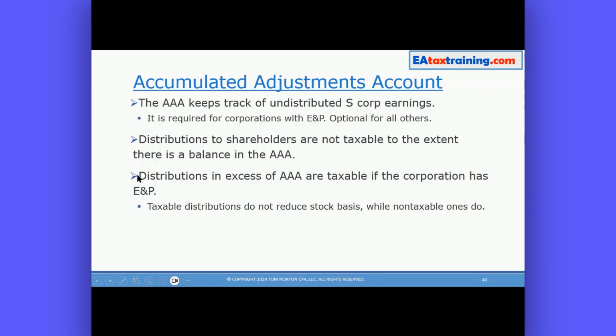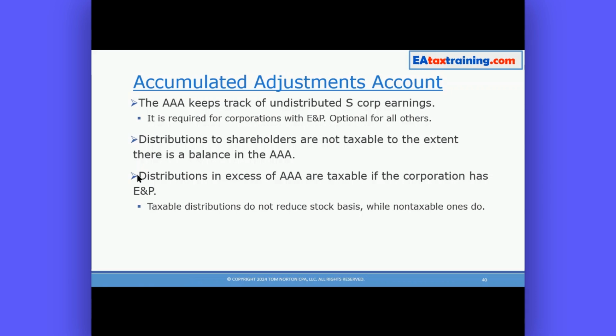So if the corporation makes a distribution, it is going to be assumed first to be a distribution of S Corp earnings. And any distribution of S Corp earnings is tax-free to the shareholders because remember, they pay tax on the earnings of the S corporation, whether it's distributed or not. So when it's distributed, that is not then a separate taxable event.